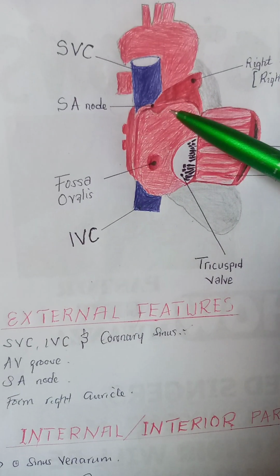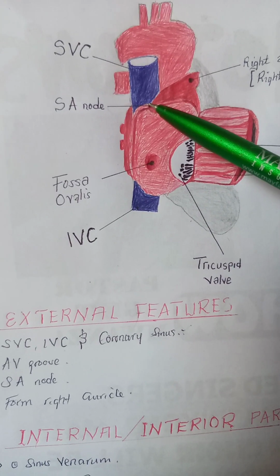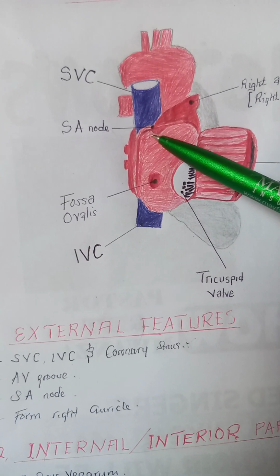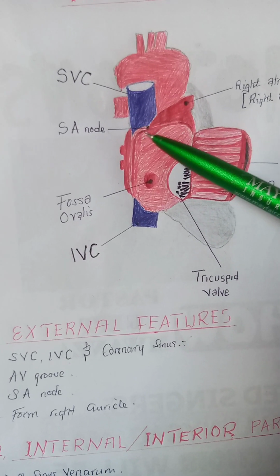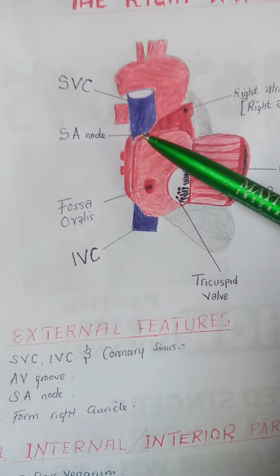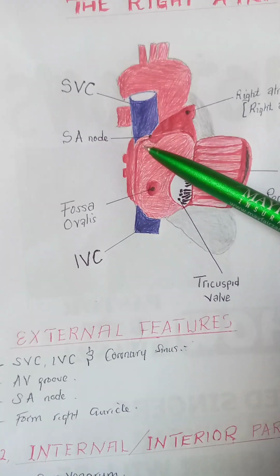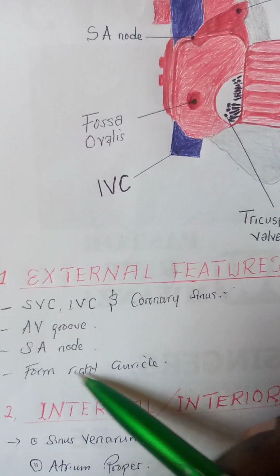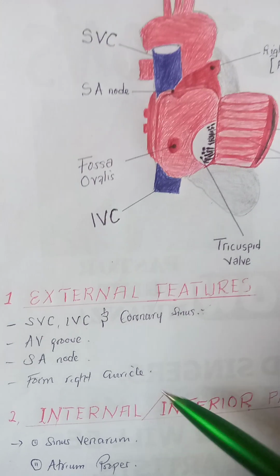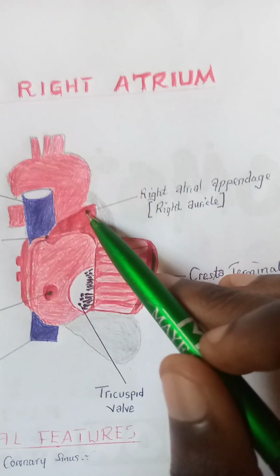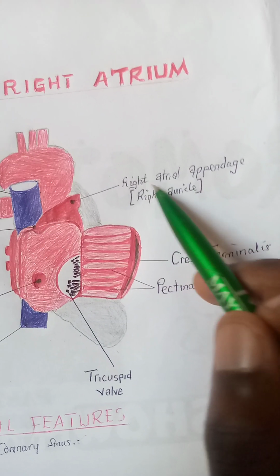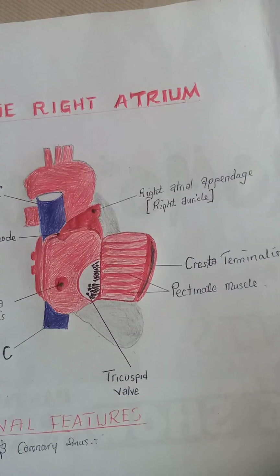What I want you to take note of here is that on the external features of the right atrium, we have the SA node within the superior aspect of the sulcus terminalis. Apart from that, you can also appreciate the right auricle. So this is the right auricle. The right atrium forms the right auricle, also known as the right atrial appendage.